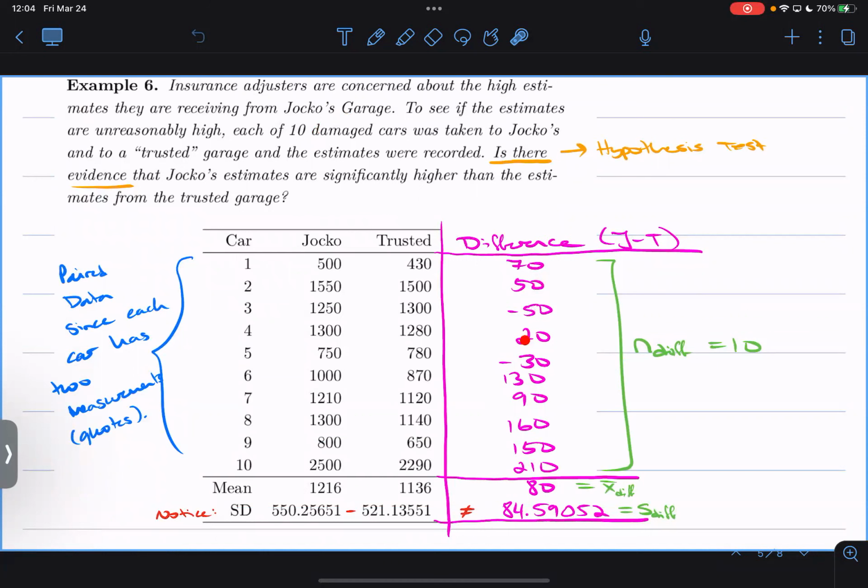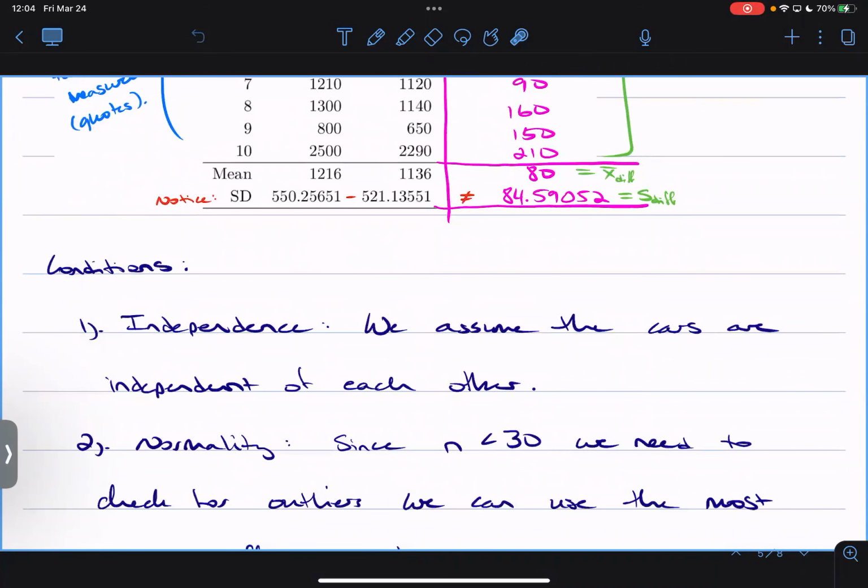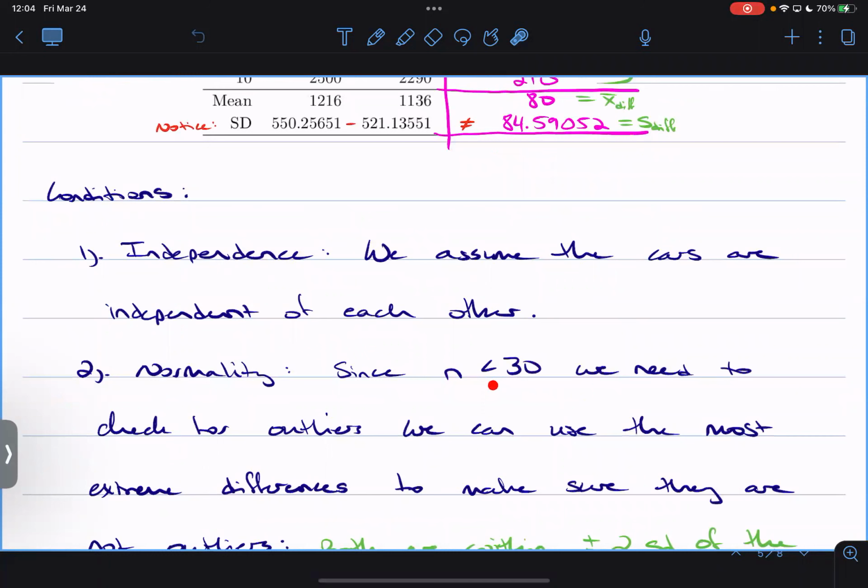But once we have the differences, we just have one sample of differences. And so then we're back to the one sample mean type of strategies, right? And the conditions stay the same. We need to be able to assume that each of the differences is independent of the others, okay? And normality hinges on the sample size.